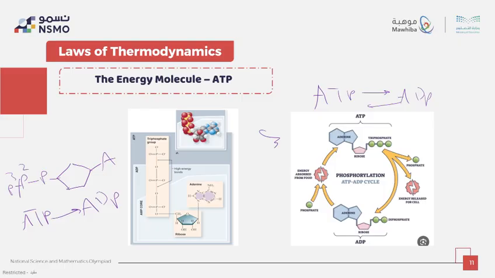And as we see in this diagram, the ATP and ADP cycle shows how phosphate groups are added or removed. Look to the left picture here. This picture illustrates the 3D structure of ATP. This is the shape. Okay, don't forget it. And it also shows the pathways that depend on it.